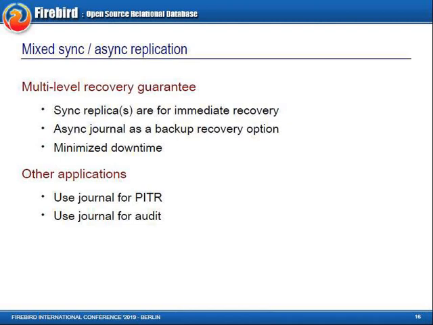Then you just take one backup and apply the journals available after that, and you have a handmade, but still point-in-time recovery. Or you may use the journal as a kind of audit log to analyze later what was actually changing inside the database. Well, you need to write some utility to parse these files, but it's still an option. The format is open, so it can still be used for that.